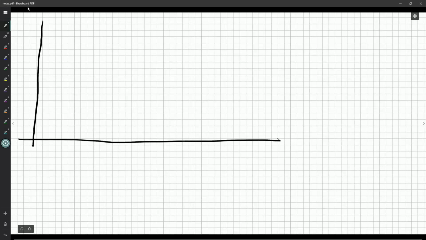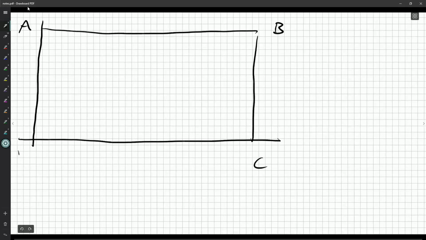Okay. So to start off, I'm going to draw just a quick picture. So put B here, put C here, A here, D here. And then we'll say something like this. So E here, D here.